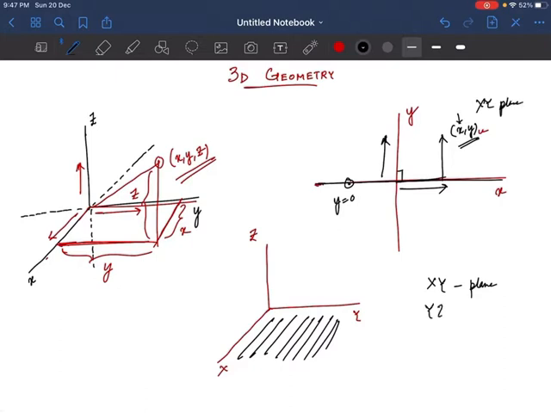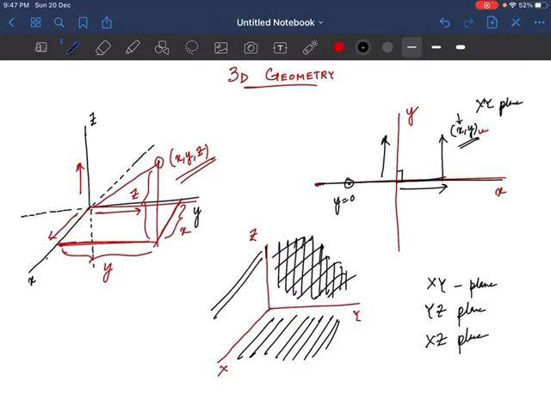The other one is the yz plane. Which one is the yz plane? This one is the yz plane, the plane which has only y and z coordinates. And the last one is the xz plane. This line gives you the xz plane. So there are three planes in here.